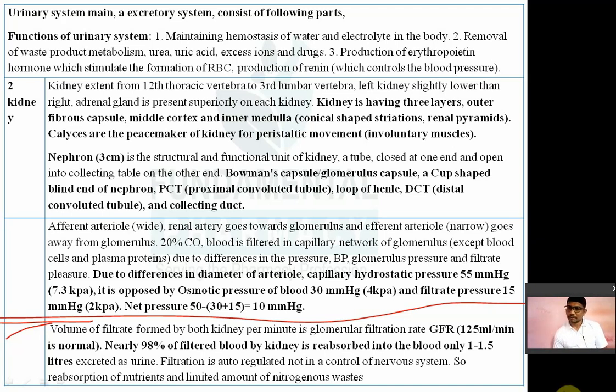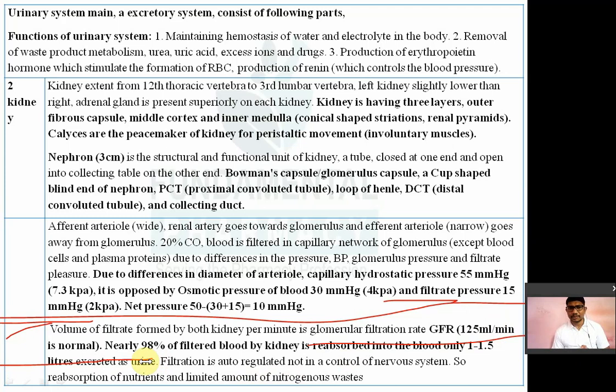GFR normally is 125 ml per minute, remember this also. So the volume of filtrate formed by both kidneys per minute is the glomerular filtration rate, GFR, 125 ml per minute. That is normal.